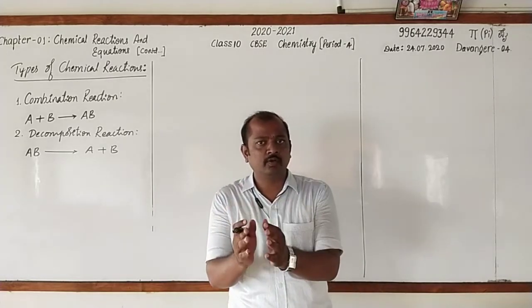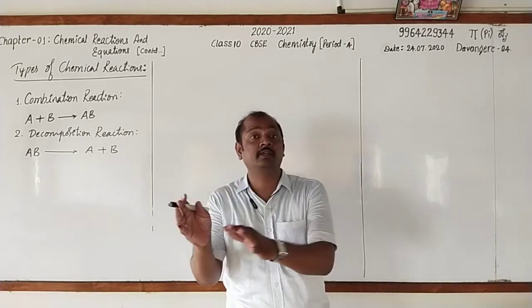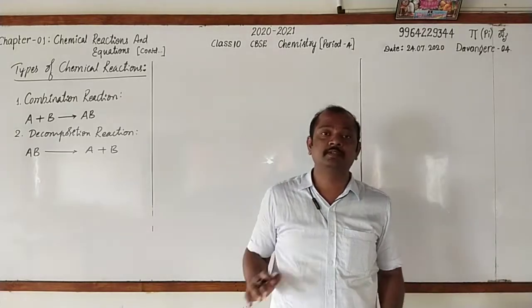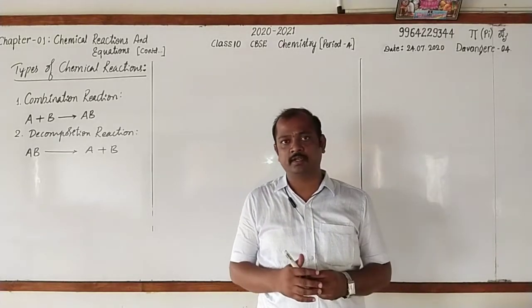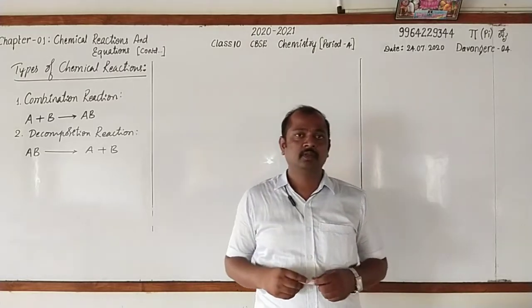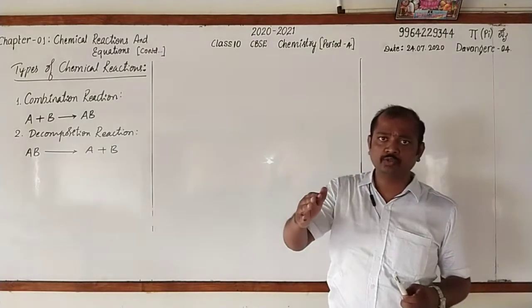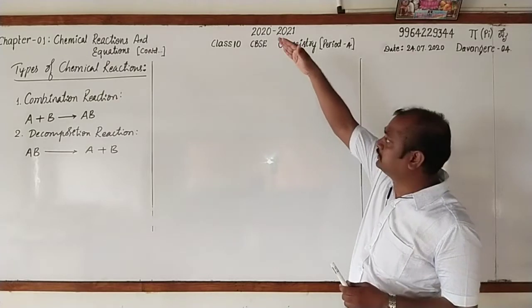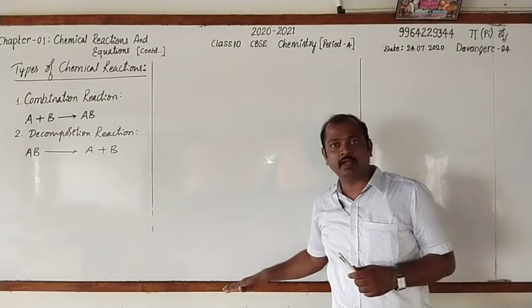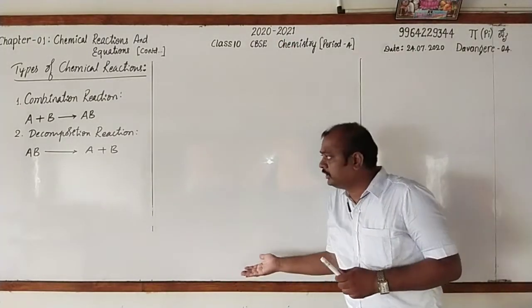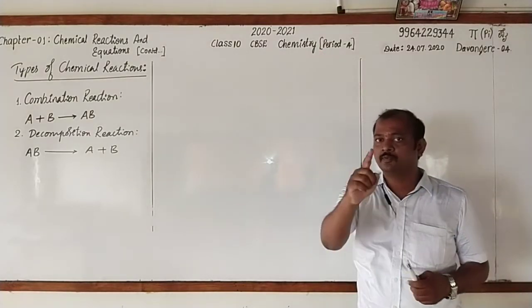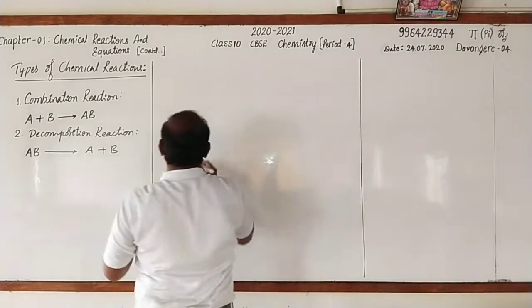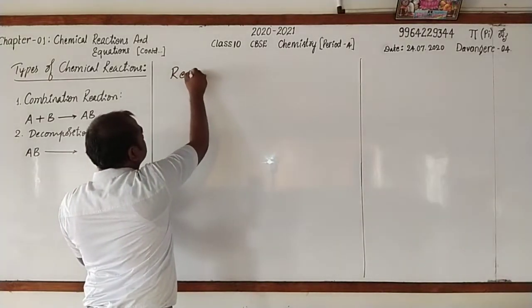And you have already got the information about the reactivity of these elements in your previous class, particularly in 8th standard. From that, we have learnt how to arrange the elements in the decreasing order of their reactivity or in the increasing order of their reactivity. What do you call that series? Very good. You are right. It is a reactivity series.